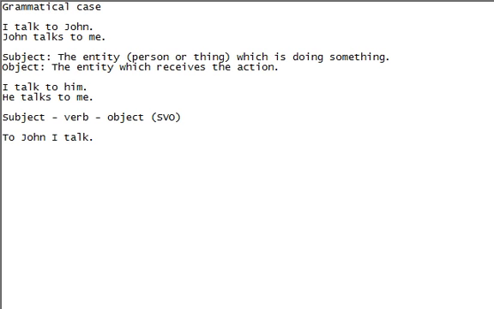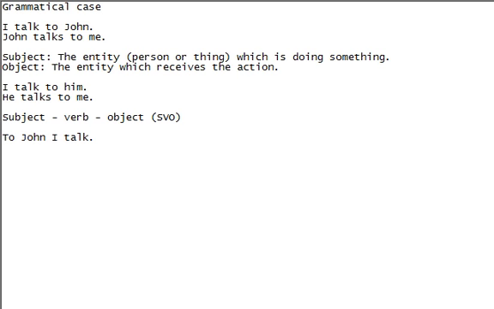If you're a native English speaker and you start saying something like this, it sounds very poetic. It sounds really awkward and strained. It's not false. It's not absolutely wrong to say, instead of I talk to John, you can say to John I talk. But then it sounds like you're Yoda from Star Wars or something like that. It just sounds very awkward and strained. So it's not truly wrong, but it violates the usual form of English, which is subject, verb, object.